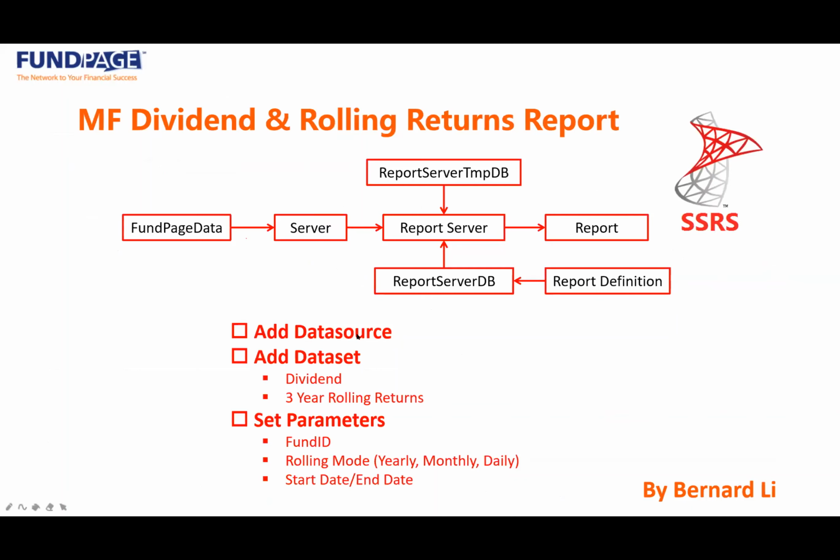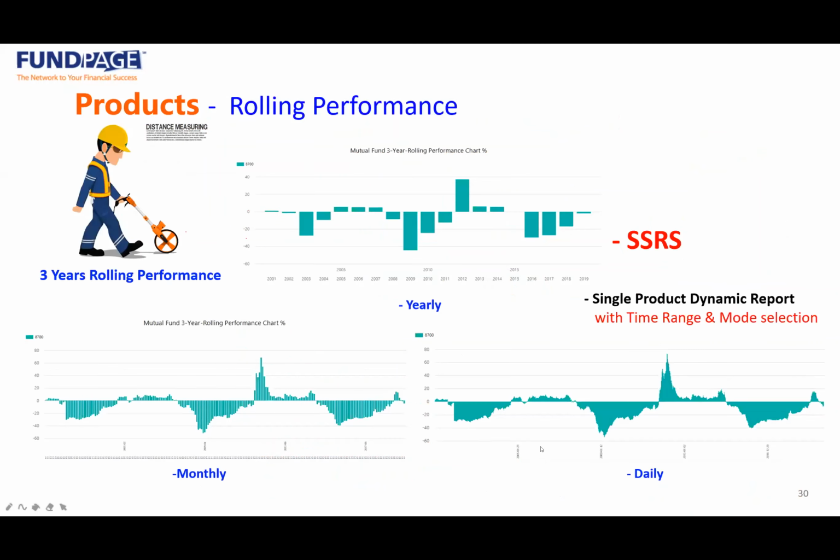Then we move to rolling performance with a dynamic mode. Rolling mode includes yearly, monthly, and daily. This is yearly mode, this is monthly, and this is daily.